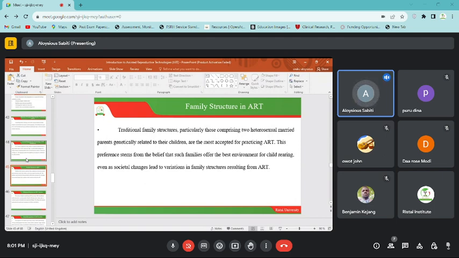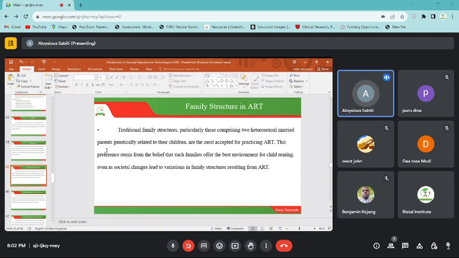This preference stems from the belief that such families offer the best environment for child rearing, even as societal changes lead to variations in family structures resulting from ART. So we're basically saying here that for families that have heterosexual marriages, but also who are genetically related to their children, it is ideal that they can practice ART.